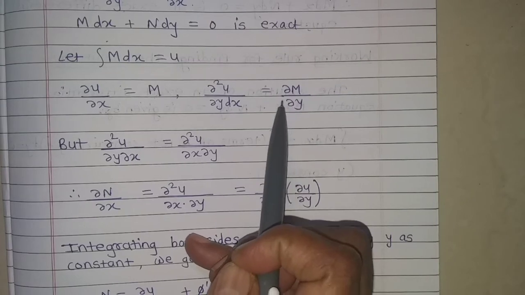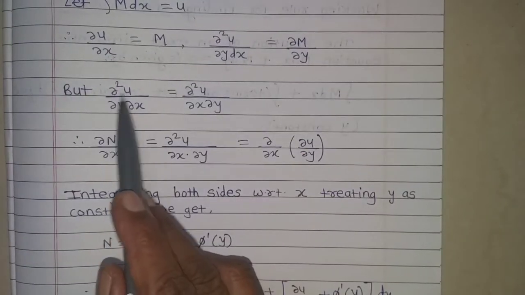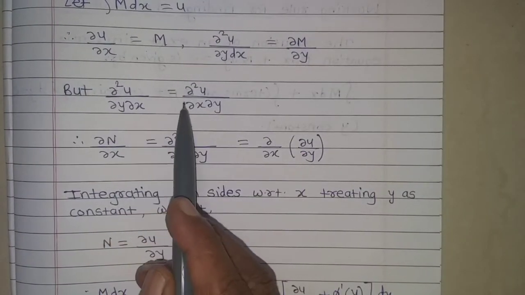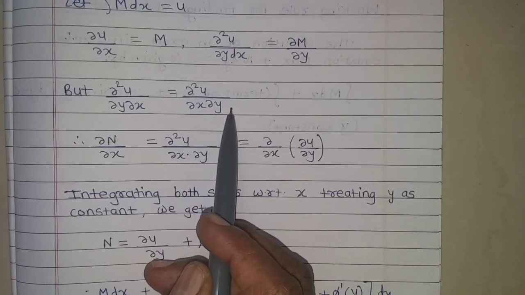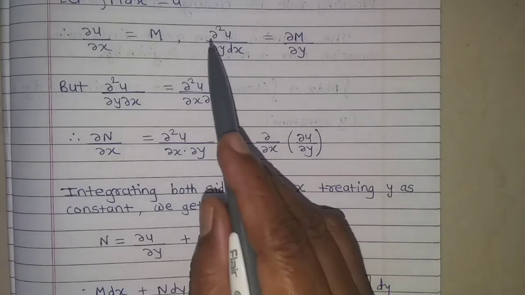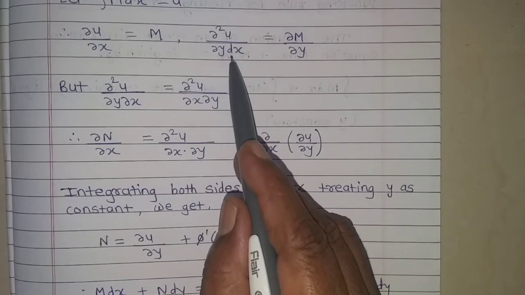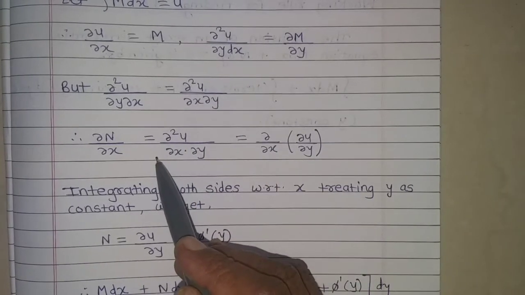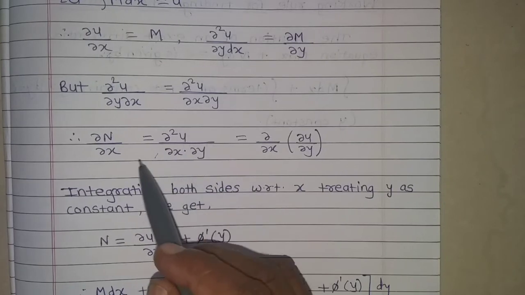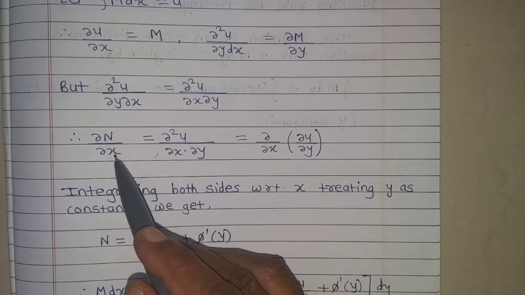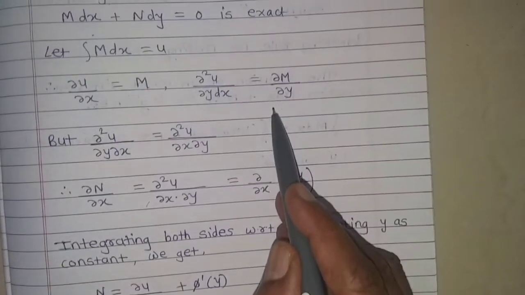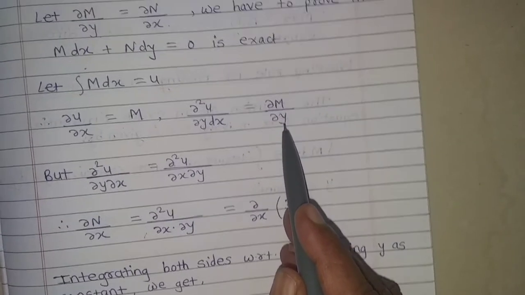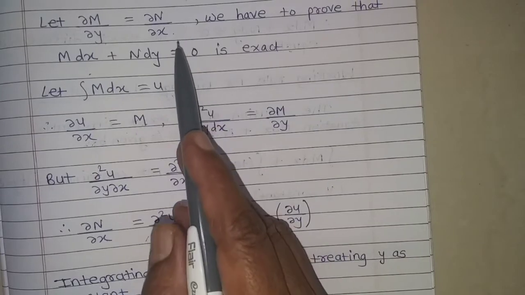But we have seen that in general ∂²u/∂y∂x = ∂²u/∂x∂y. So we get ∂²u/∂y∂x = ∂N/∂x, since we have assumed that ∂M/∂y = ∂N/∂x.